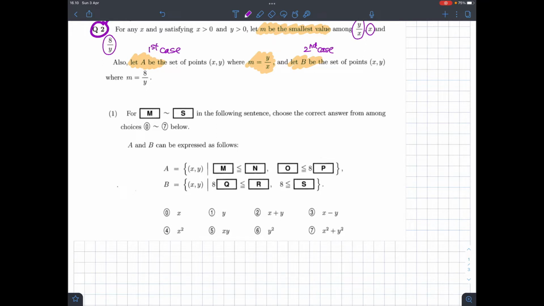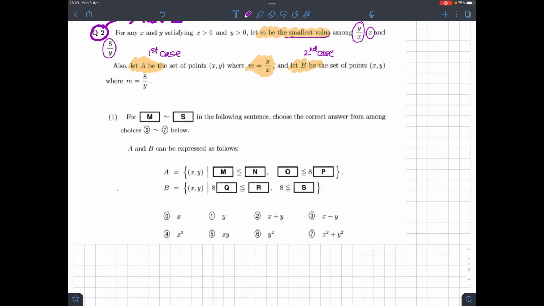For the first case, because m is the smallest value, case A only happens when y over x is less than x and y over x is less than 8 over y. So y over x is the minimum compared with x and 8 over y.